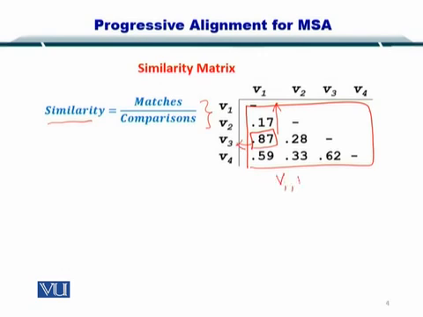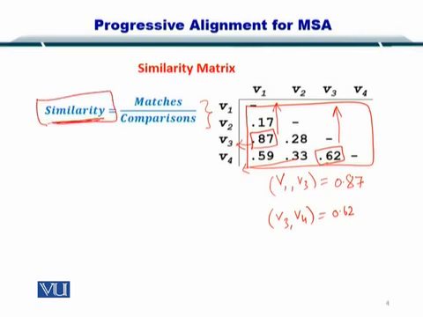So V1 and V3 are very similar, and the similarity score is 0.87. Next, you have 0.62, which is the similarity between V3 and V4. Note that this is the similarity.